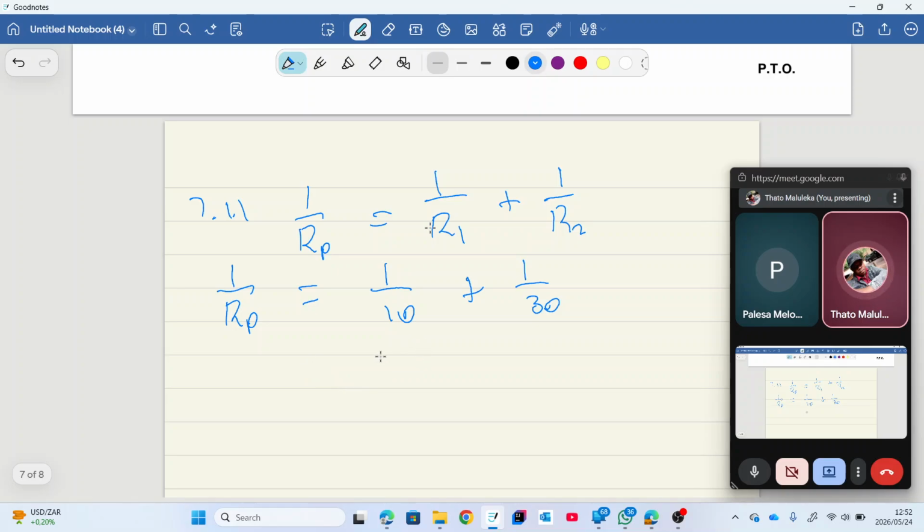Let me just add them in a calculator. 1 over 10 plus 1 over 30. I get 1 over R parallel to be 2 over 15. Then I invert the fraction to find R parallel, which will be 15 over 2, which is the same as 7.5 ohms.